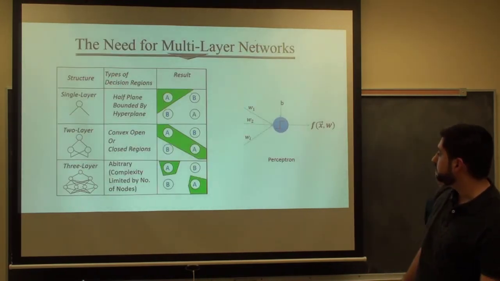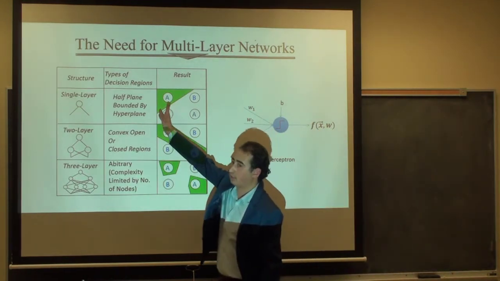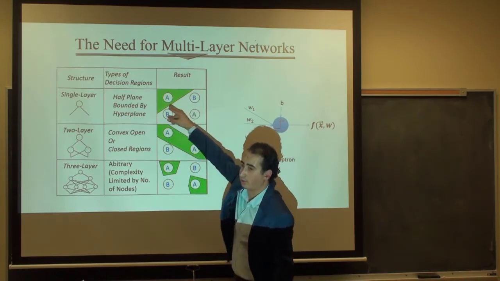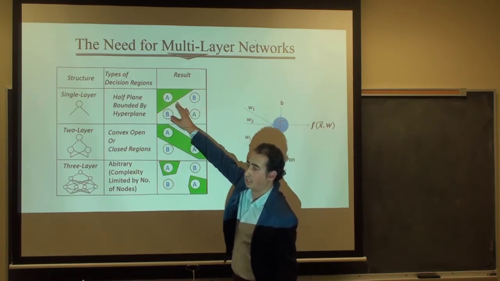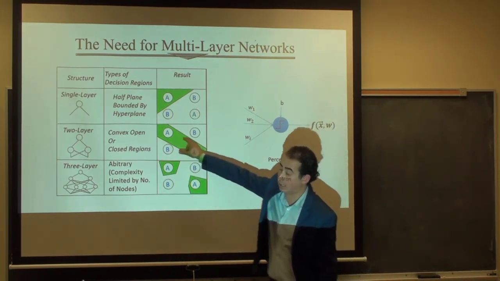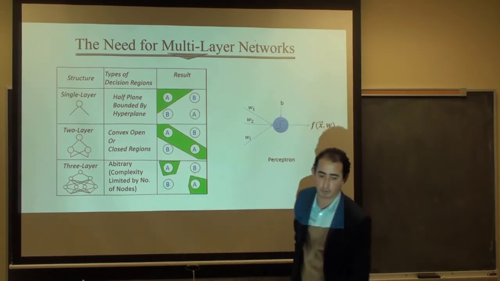This is one more example. For the single layer, it only classifies one class. It didn't classify both, which is usually what it has to do. As we see for 2 layers, if we use the middle layer, it classifies them both. If you use more layers, it's going to classify with more separation.